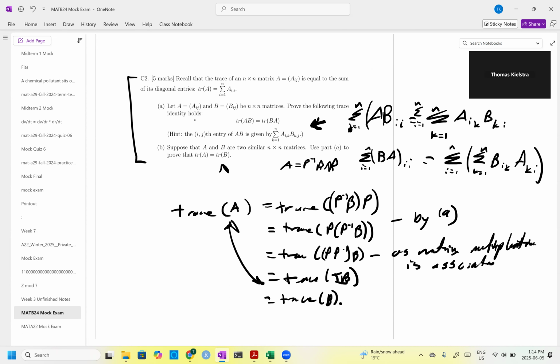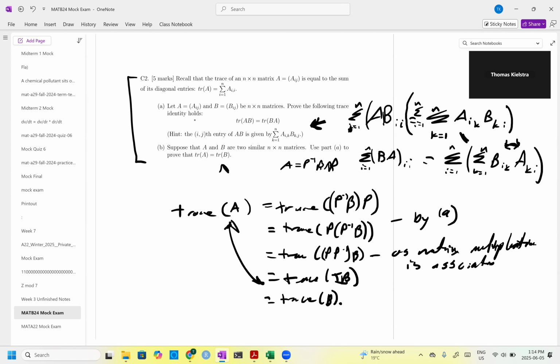And we have to somehow connect these two. If we switch the order of the sums, which we're allowed to do, and then commute these entries, what we'll notice is that they actually are the same.